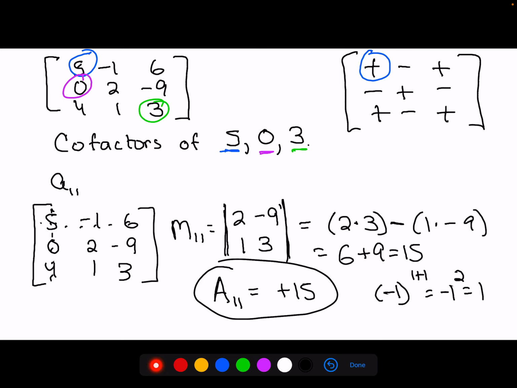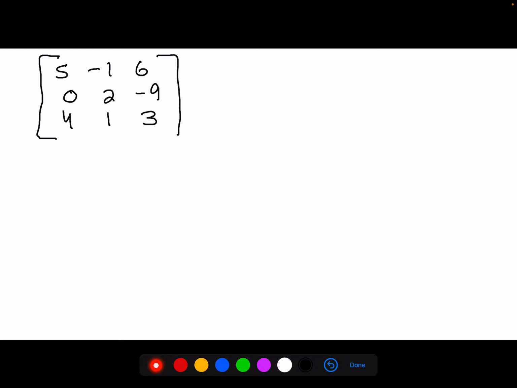Okay, let's do 0 next. So putting the matrix back up here, and focusing on 0, I'm going to ignore everything else in that row and column, keeping in mind that 0 is in row 2, column 1.